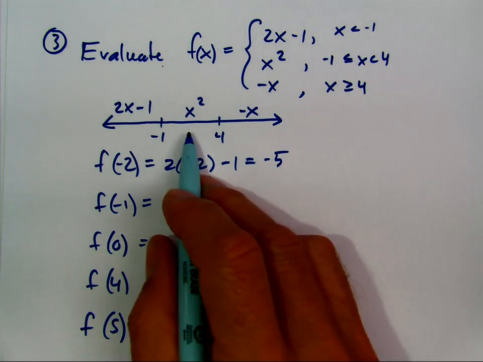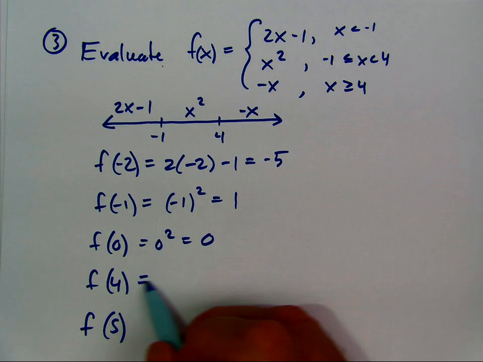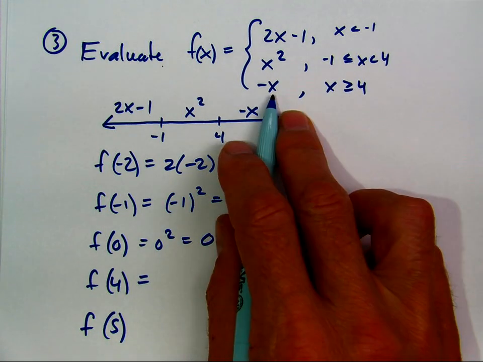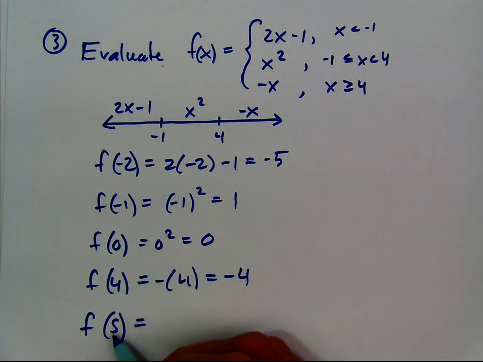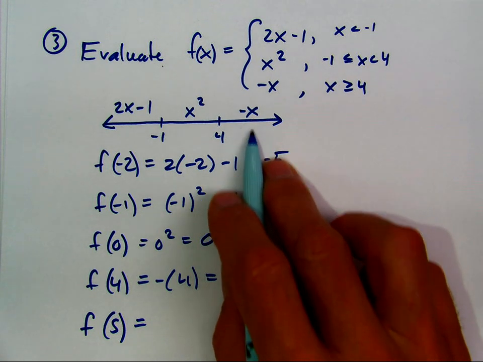0 is between -1 and 4, so we use x squared. 4 is on a boundary, so we check, and it's included in this one. And 5 is greater than 4, so we will use -x.